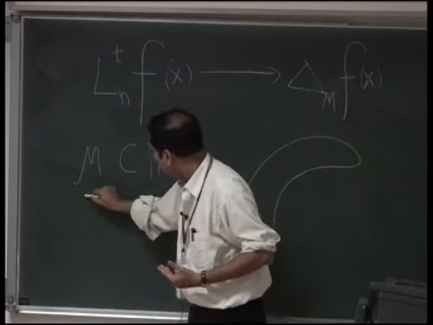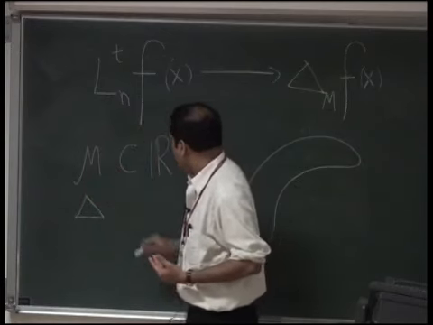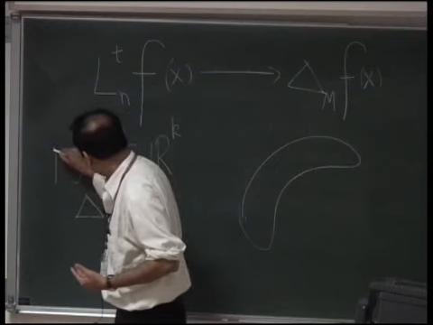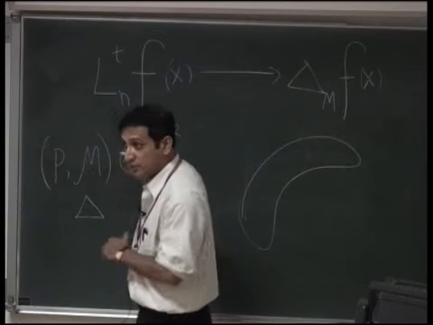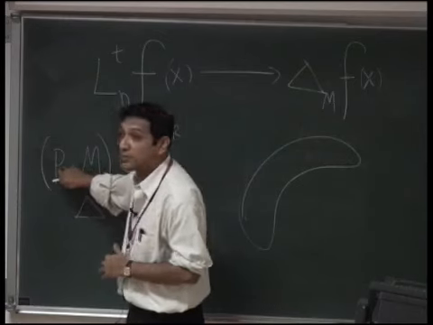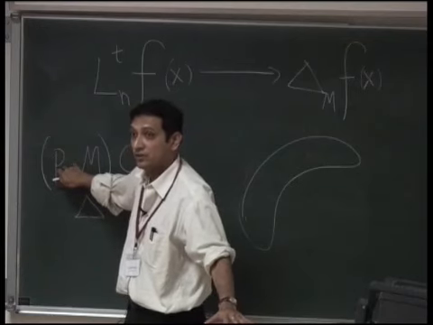Now, this has a Laplace operator defined on the manifold, but now you can consider a combination like this: a pair which is a manifold M just as before, along with a probability measure on this manifold, a probability distribution function on this manifold.